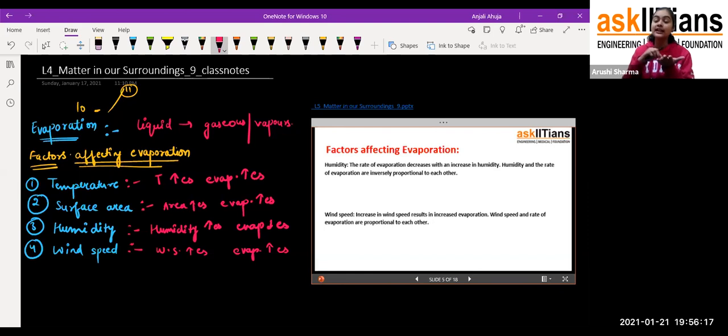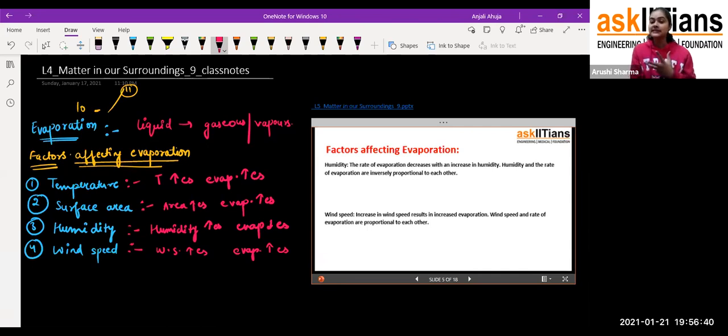But now the heat has been absorbed from my hand, so at that particular point where the drop evaporated, the temperature has decreased. When the temperature decreases, I feel cool at that point. So that is why, students, the evaporation process always results in cooling.